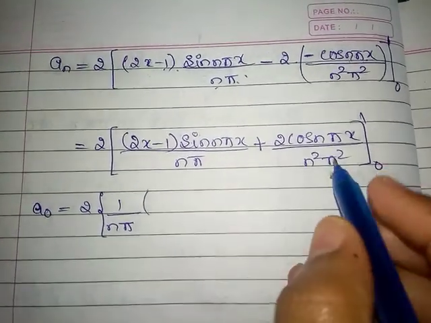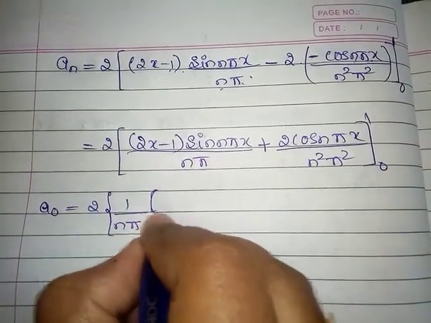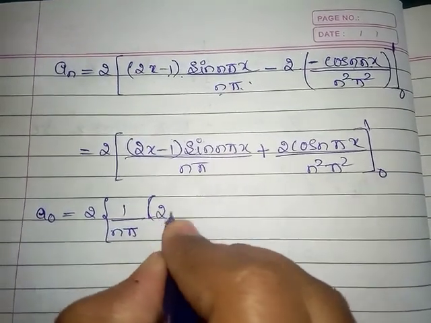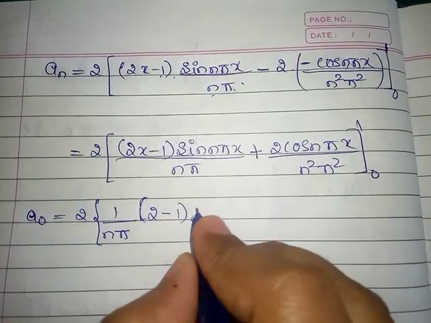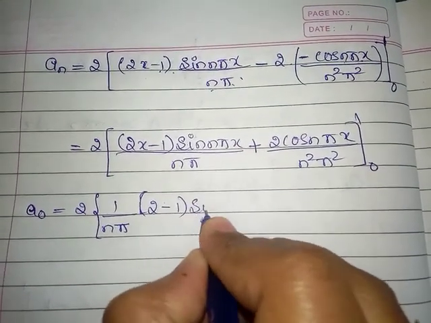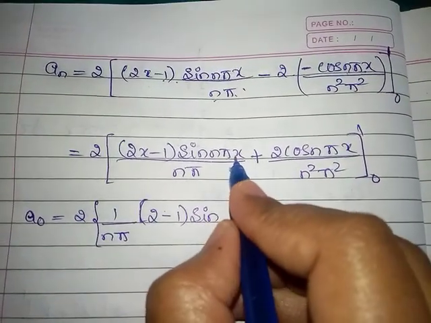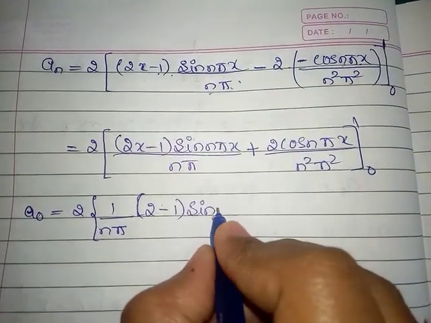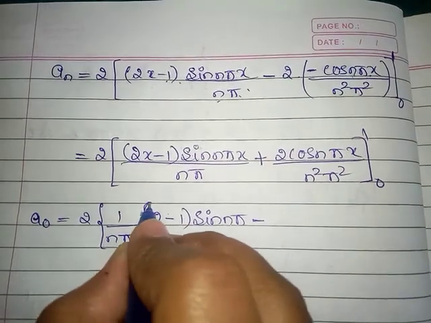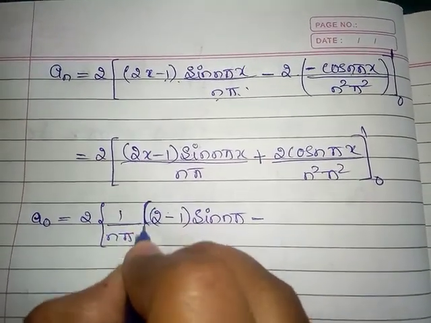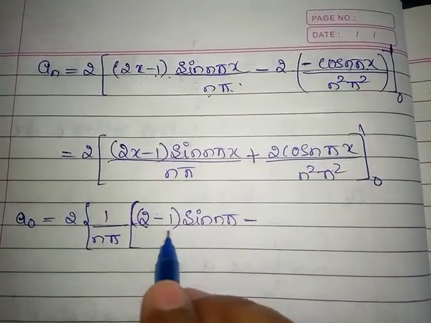First apply the upper limit, it will be what? Here it is 2 into 1 means it is 2 minus 1 sin n pi, x value is 1 means it is sin n pi, minus. Upper limit is over.